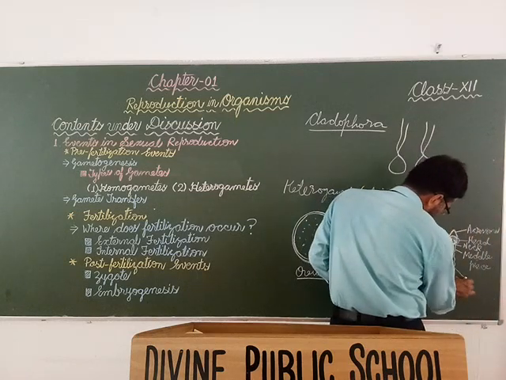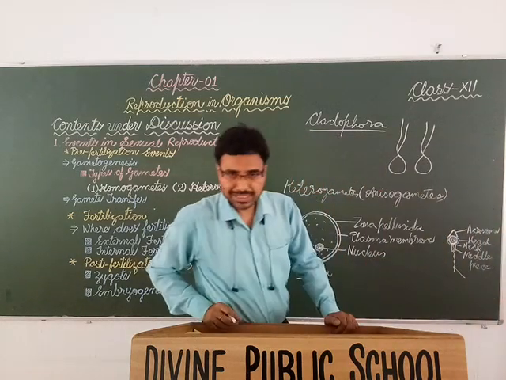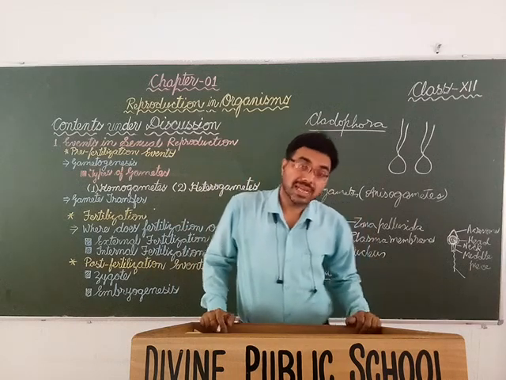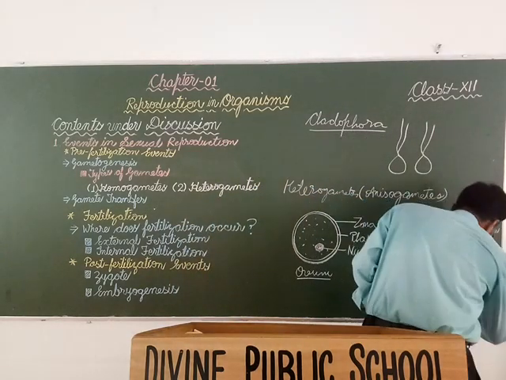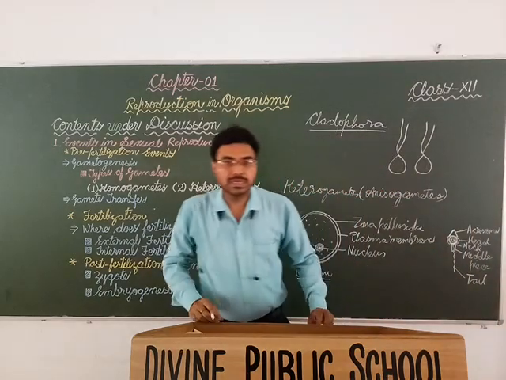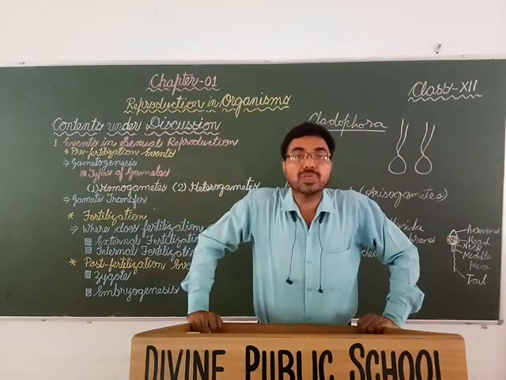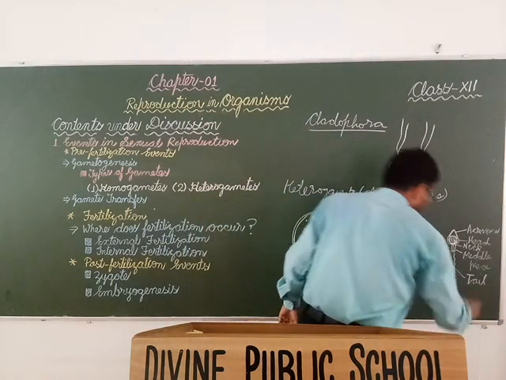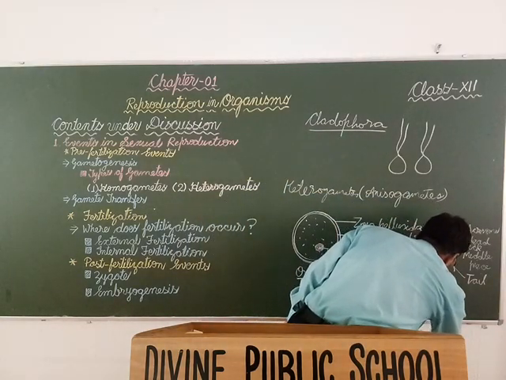And what is this structure, students? Tell me please. This is the tail. So this is all about the male gamete of human beings. This is the sperm.